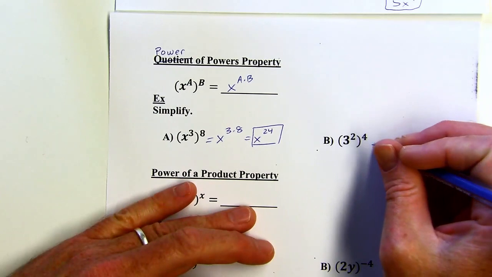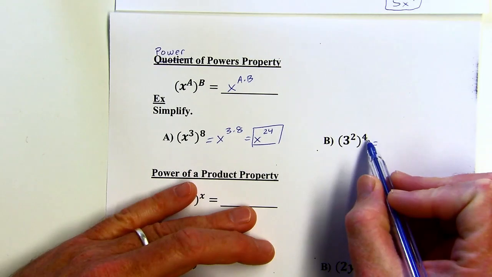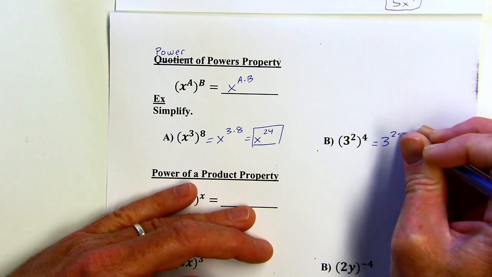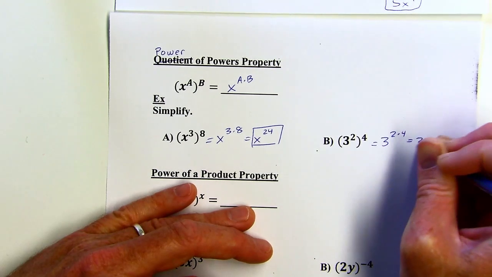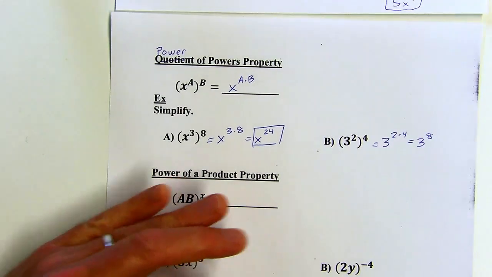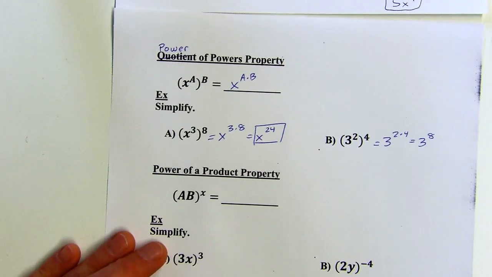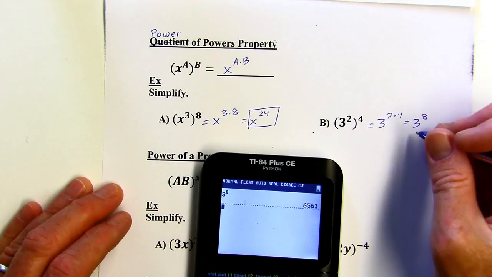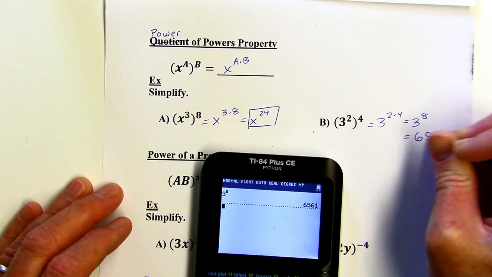Okay? And yeah, you could write this as 9 to the 4th. That would work. But you can also say, hey, this is 3 to the 2 times 4, which would be 3 to the 8th. And then I'm going to use a calculator there just to make this quick. 3 to the 8th is 6,561.